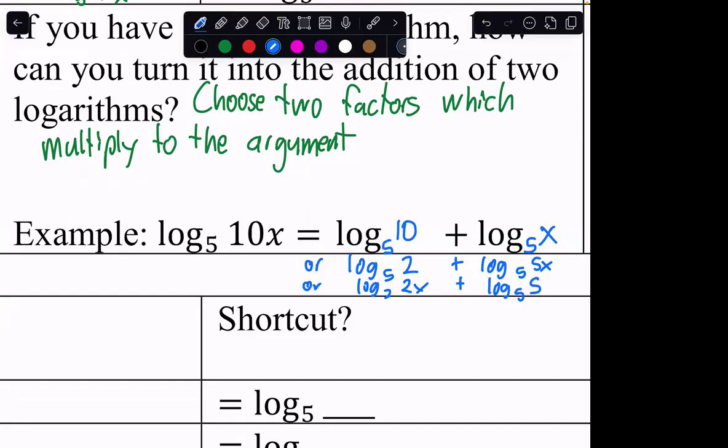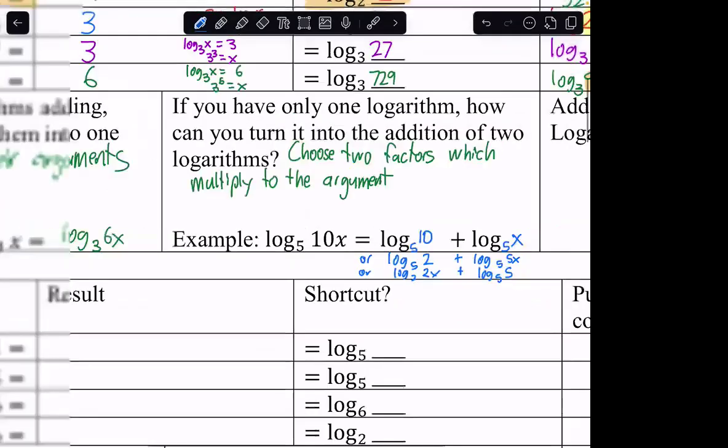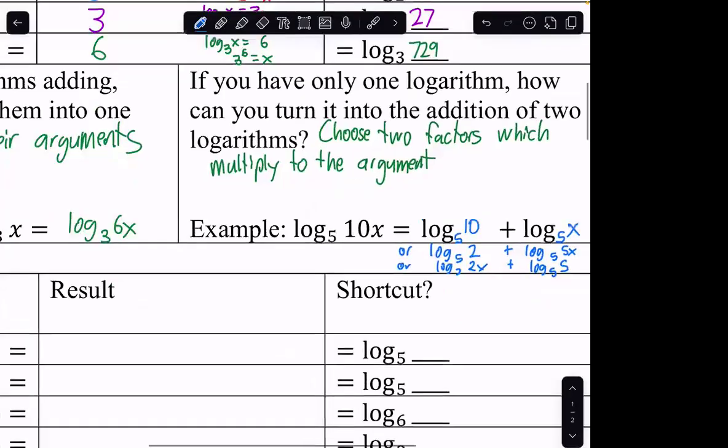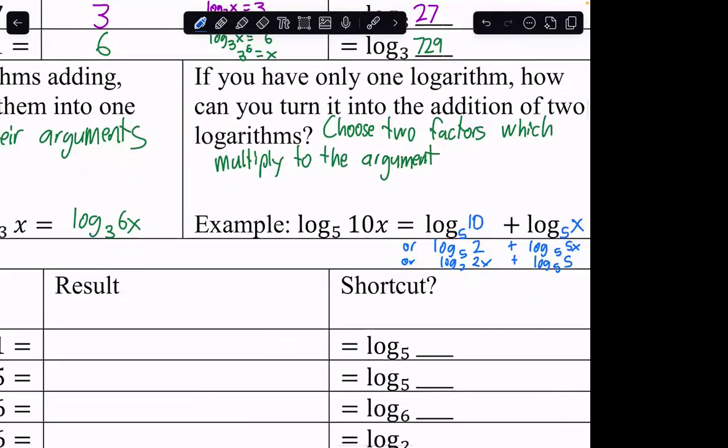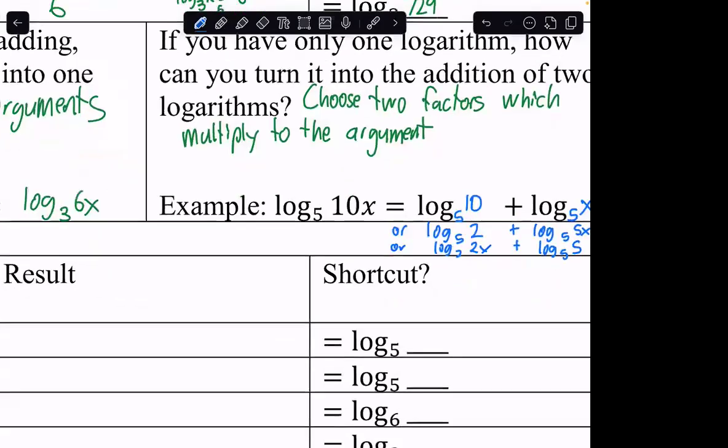Yes? Wouldn't this also line up with the exponent rule, like if you're multiplying the same number with different exponents? Yeah, perfect, exactly. Instead of going down a notch, you go up a notch.